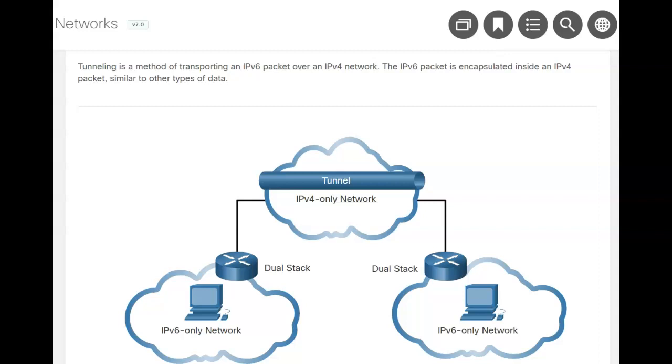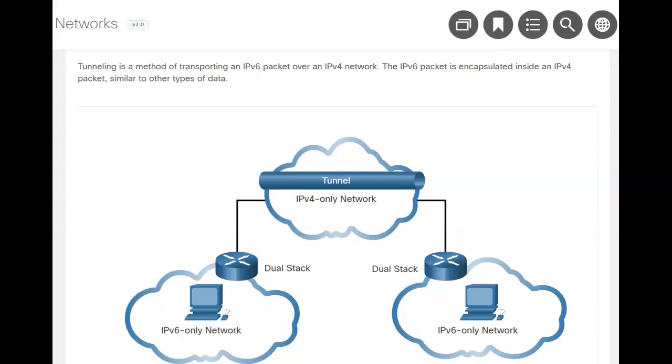And what it does is take that IPv6 packet, put it into an IPv4 network, and then on the receiving end, the dual stack router strips off the IPv4 and I've got just the IPv6 packet. So it's basically encapsulating IPv6 data inside an IPv4 packet.